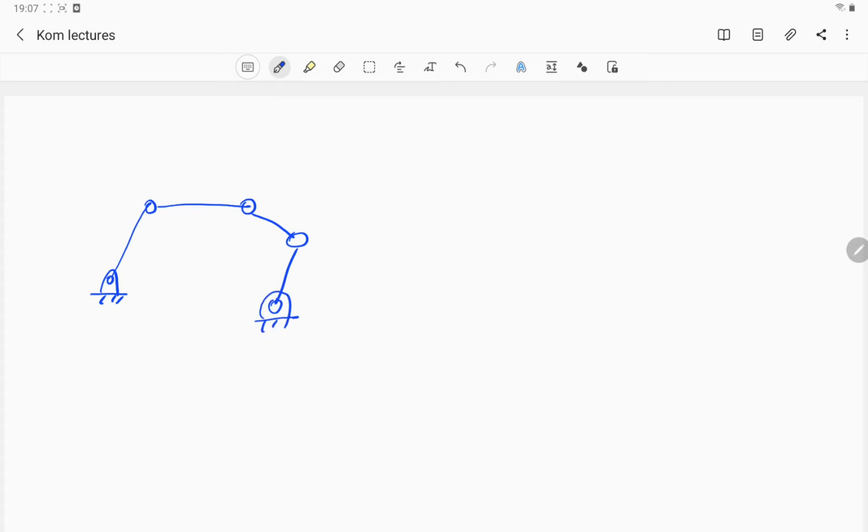Okay, now let's see one more example. So now for this system, n is equal to 5 and j is also equal to 5. For this, f is equal to 3 into 5 minus 1 minus 2 into 5, which is equal to 2. Okay, which means this system is having 2 degrees of freedom. Which means I can't just define the configuration with this variable theta.